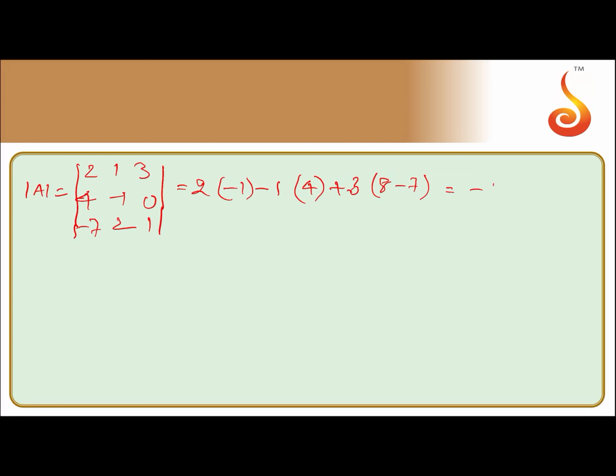And that is equal to minus 2 minus 4 plus 3. So this is minus 3. So determinant of A is minus 3.